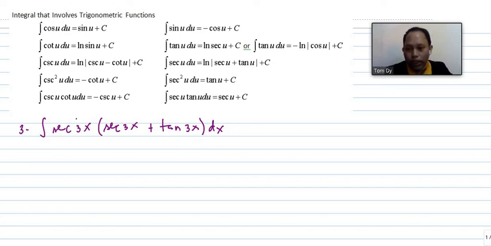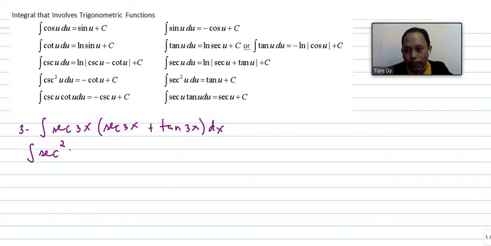If we have this one, then we will try to distribute secant 3x to the other trigonometric functions, because there's no direct integral for this one. So secant 3x times secant 3x, that is equivalent to secant squared 3x.